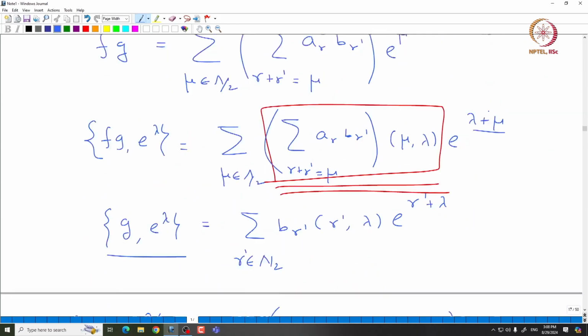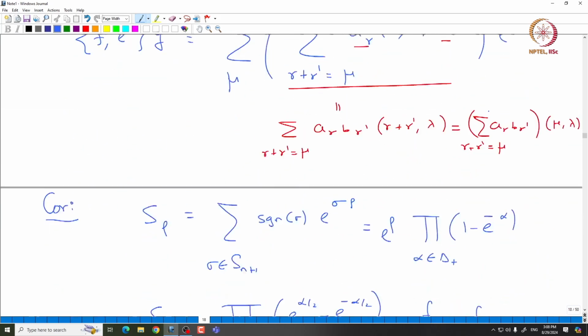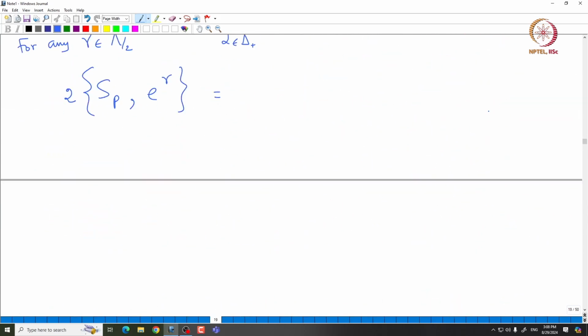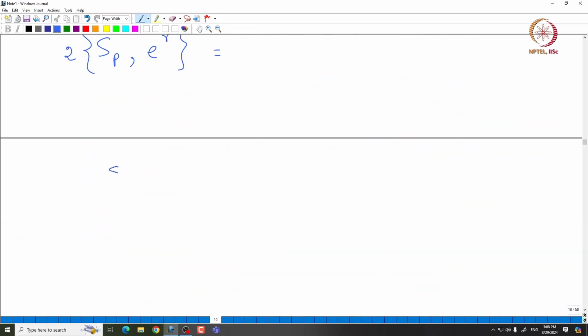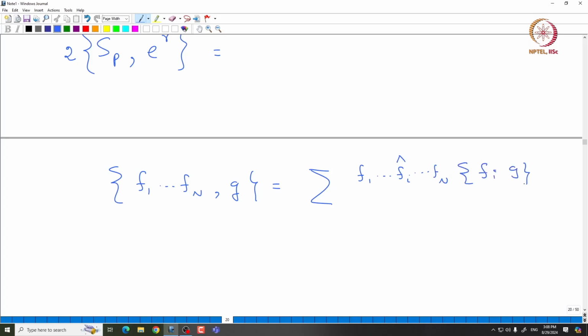If you actually think about it, by induction you can generalize that formula to any finitely many products. So, if you take the product F_1 through F_n and the bracket with G, this is going to be the summation of F_1 through F_i-hat through F_n times the bracket [F_i, G], where i ranges from 1 to n.